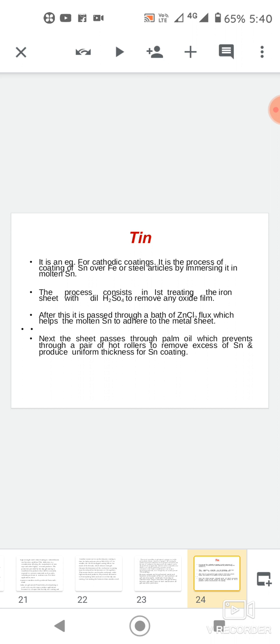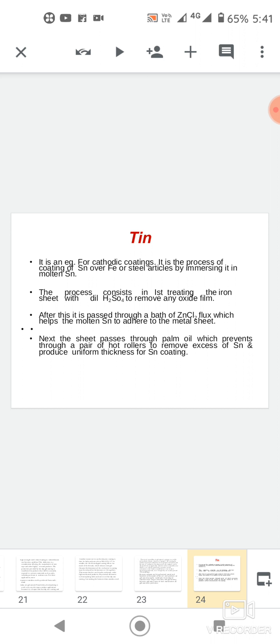It is the process of coating tin over ferrous or steel articles by immersing them in molten tin. The process consists of first treating the iron sheet with H2SO4 to remove any oxide film.